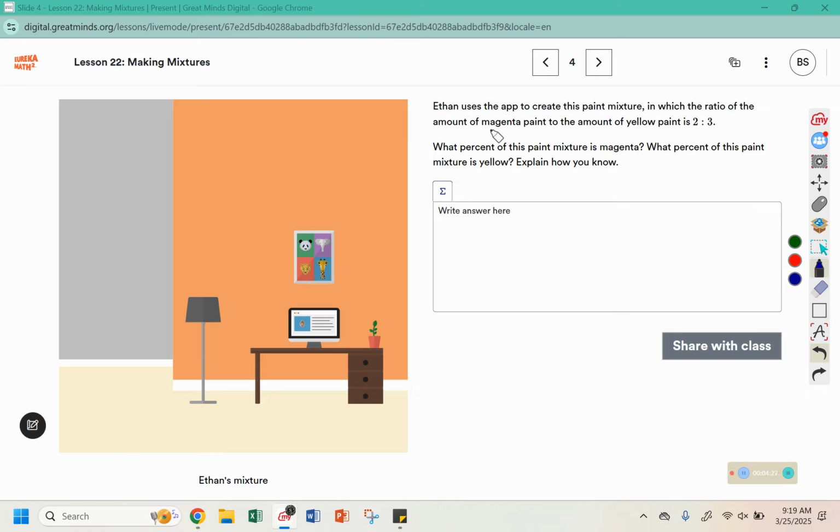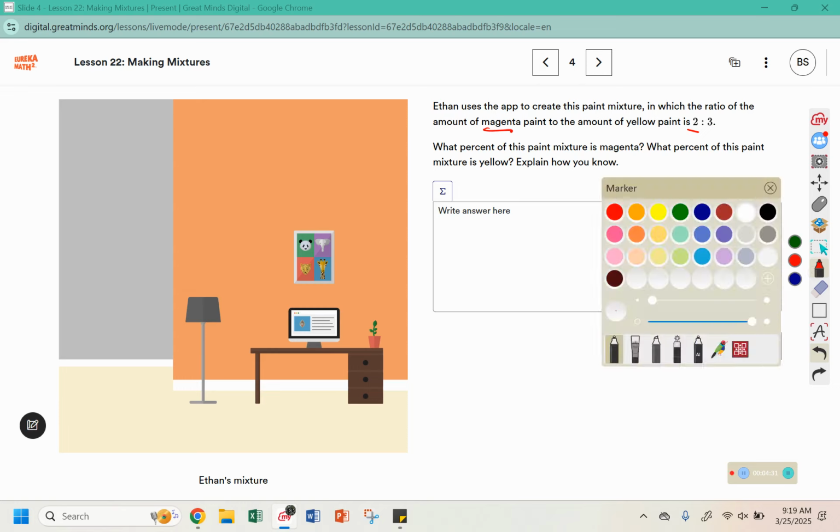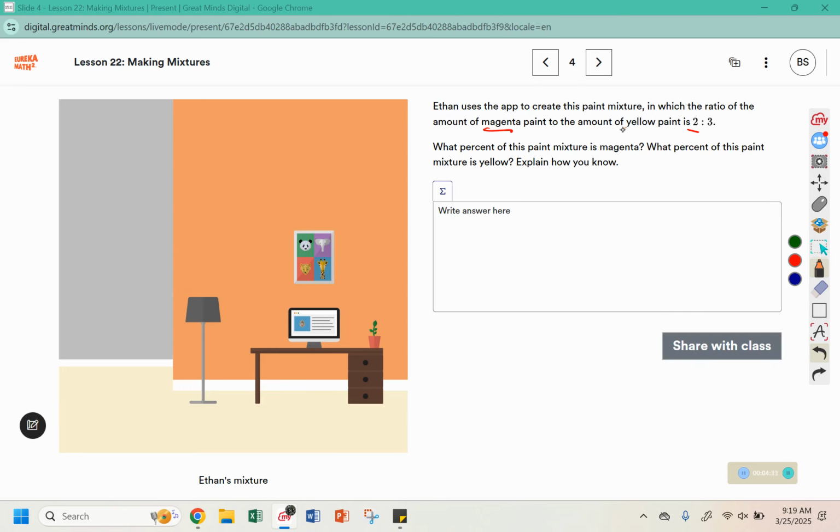Well, if we have magenta is 2 and the yellow is 3, that gives us 5 parts altogether. So magenta is 2 out of the 5. We can cross multiply and divide.